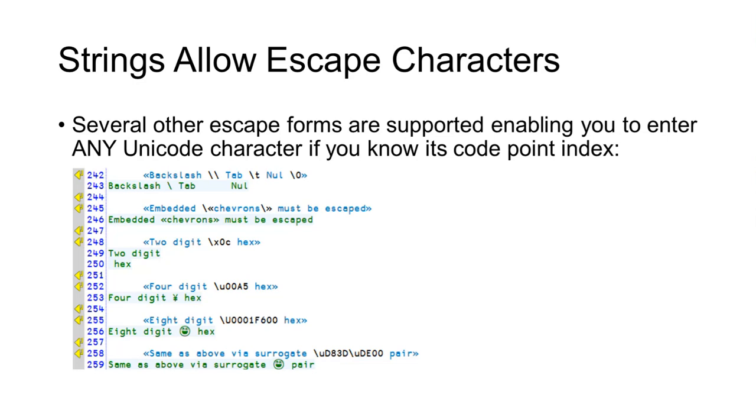And then there's 3 other forms that are of primary interest, which are a 2-digit, a 4-digit, and an 8-digit hexadecimal representation of the number. So \x, lowercase x, is followed by 2 hex digits that represent a numeric value of some kind.